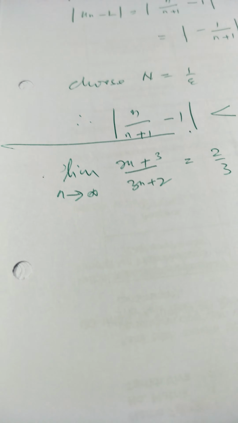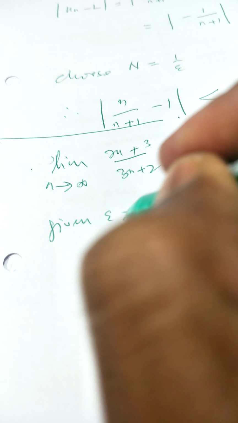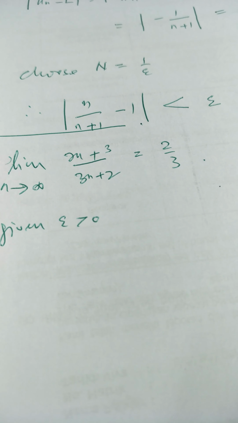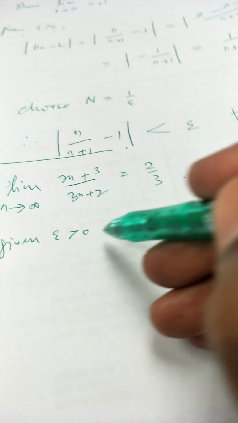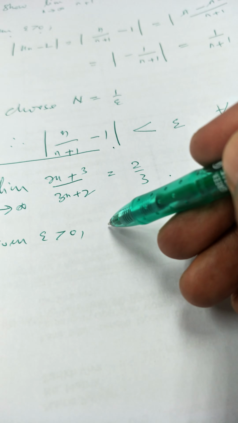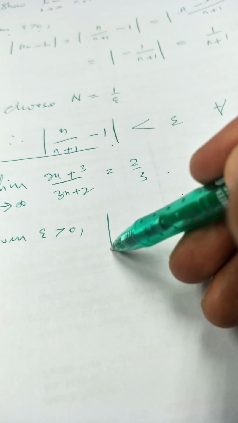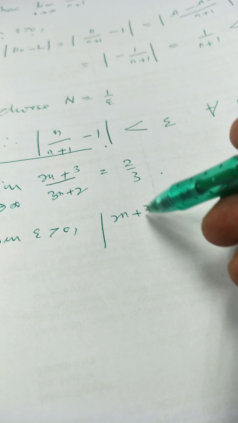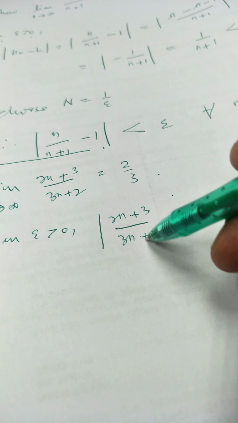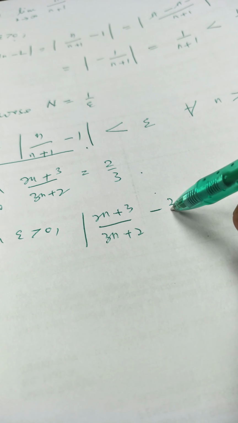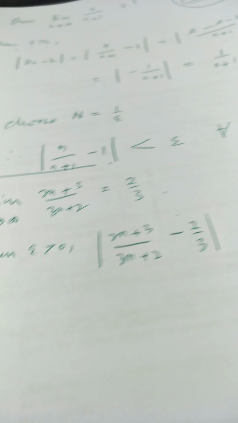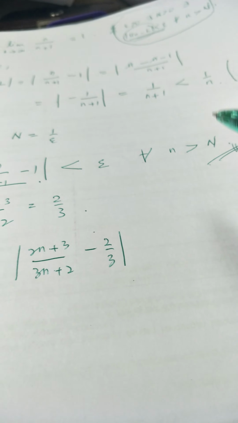Given any epsilon positive, then |u_n minus L|, which is |(2n plus 3) over (3n plus 2) minus 2 over 3|, you can simplify this.